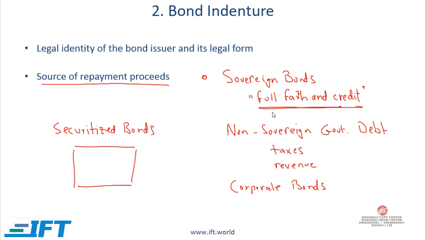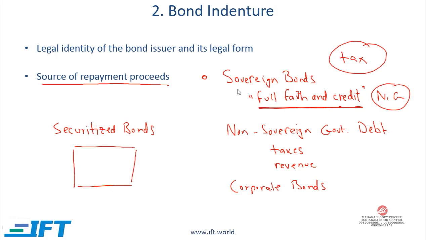Sovereign bonds rely on the full faith and credit of the national government. In other words, the national government can raise taxes and generate money that way, or sovereign governments can print money and make payments. That's why the credit risk on sovereign bonds is very low.